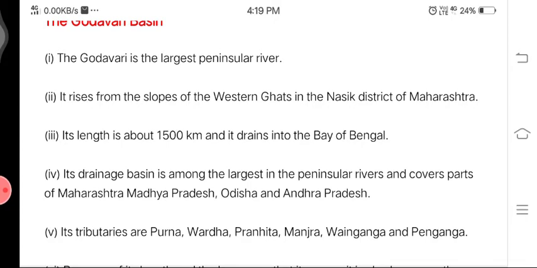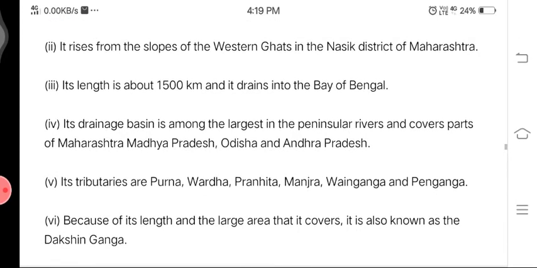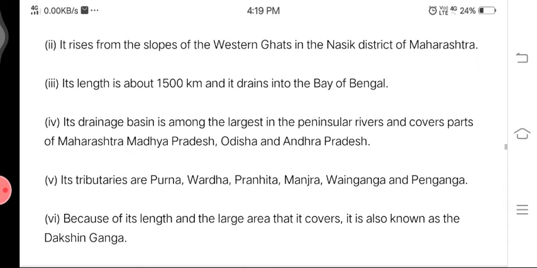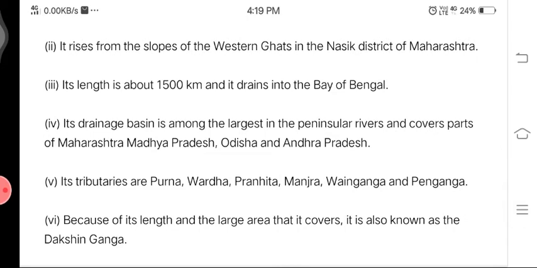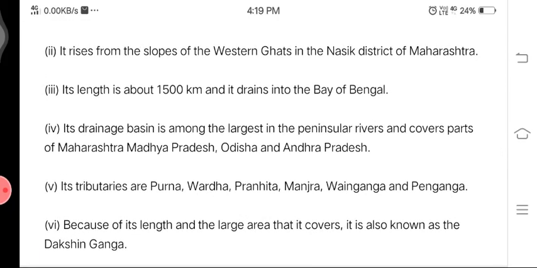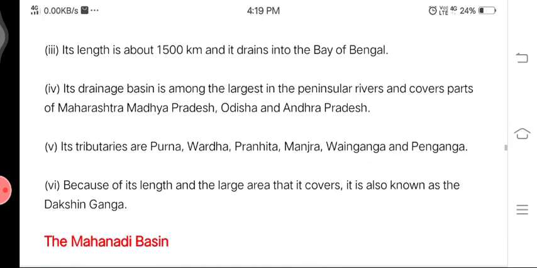The length is about 1500 kilometers, and it drains into the Bay of Bengal. Its drainage basin is among the largest of the peninsular rivers and covers parts of Maharashtra, Madhya Pradesh, Odisha, and Andhra Pradesh. Its tributaries are Purna, Wardha, Pranhita, Manjra, Wainganga, and Penganga.